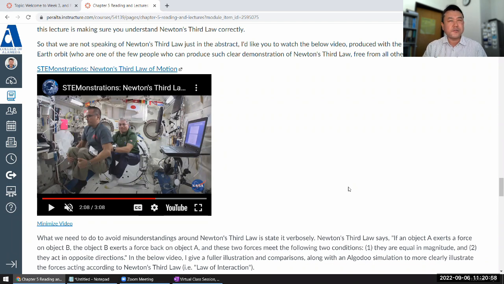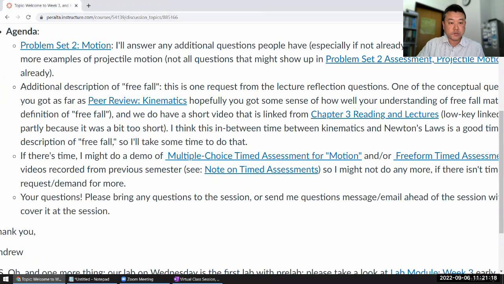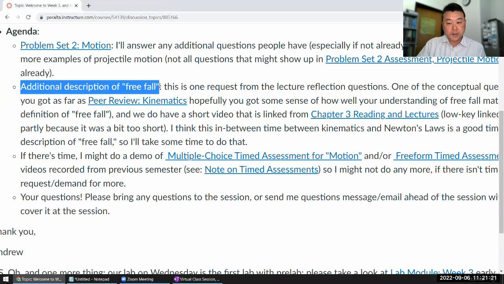So if we want to associate free fall with projectile motion, I think that would be okay most of the time, like 99% of the time. There might be some counterexamples, but it'll be hard to find, or I'll have to think about it. So yeah, I think that covers the additional description of free fall, what situations it covers and what situations it doesn't cover.